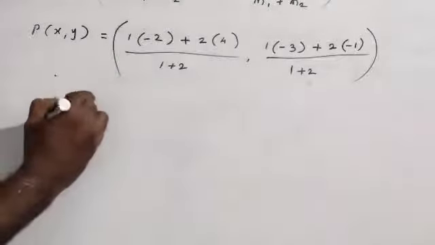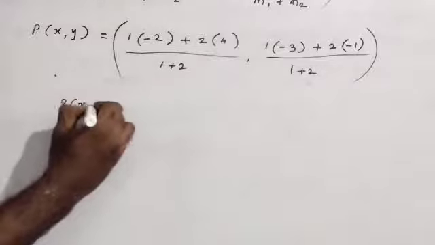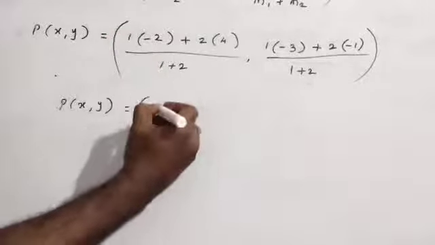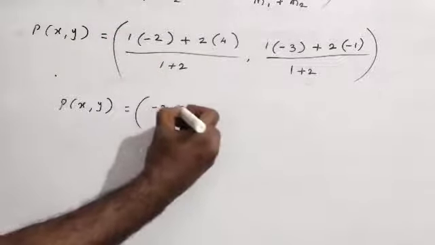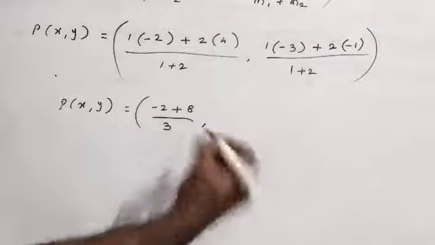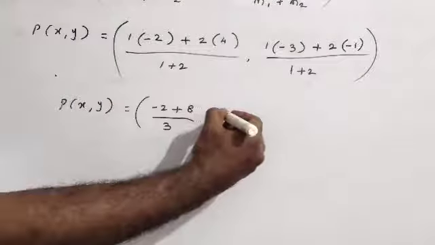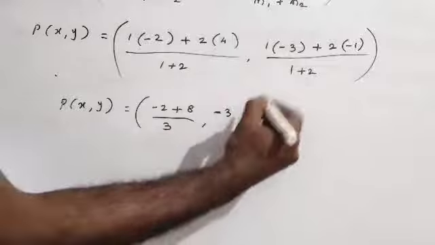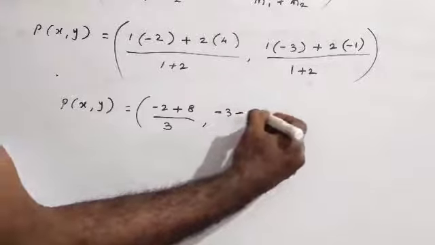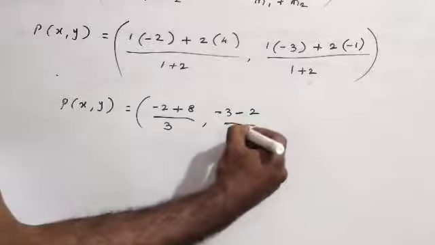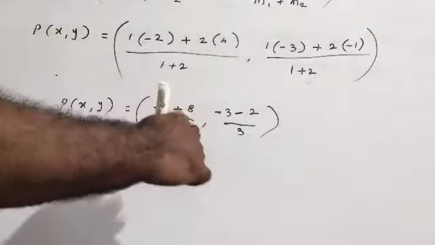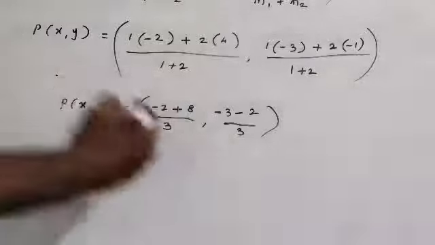P of x, y equal to 1 into -2, that is -2, plus 2 into 4, 8, by 1 plus 2, 3. 1 into -3 plus 2 into -1, that is -2, by 3. -2 plus 8, symbols are different, 8 minus 2, that is 6 by 3.